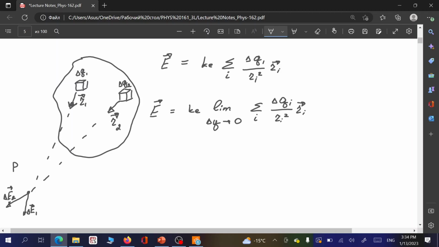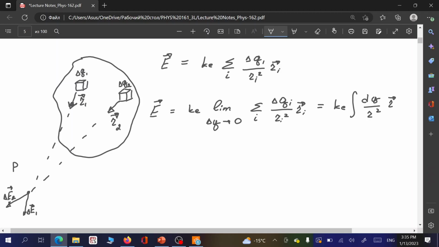And that will be a vector integral. So we end up with Ke, the electric constant, which we can take out of the integral, dq over r square, times the r unit vector.